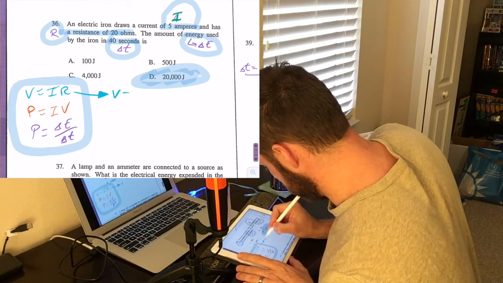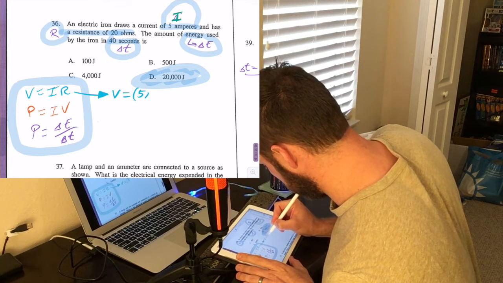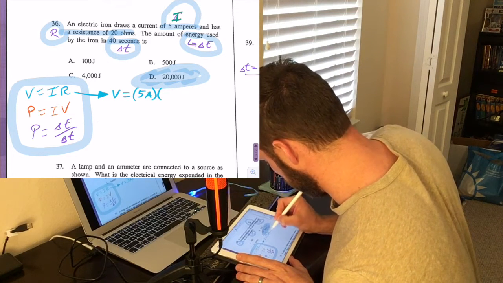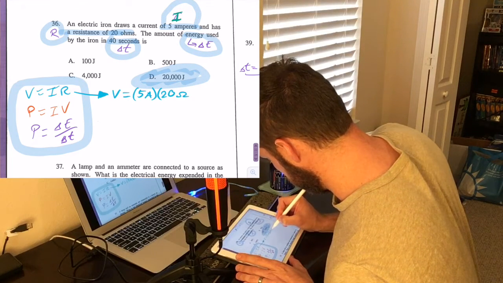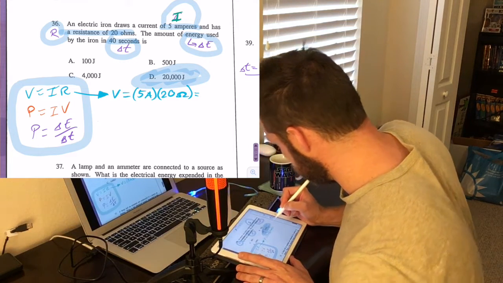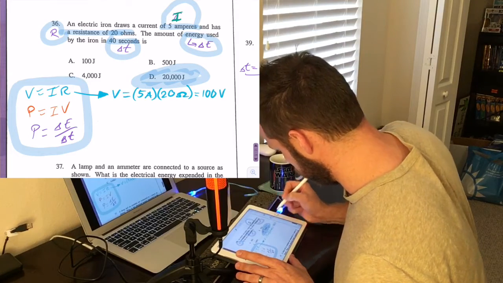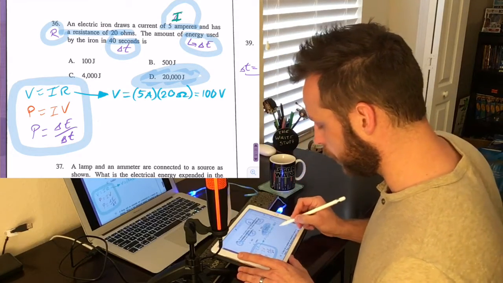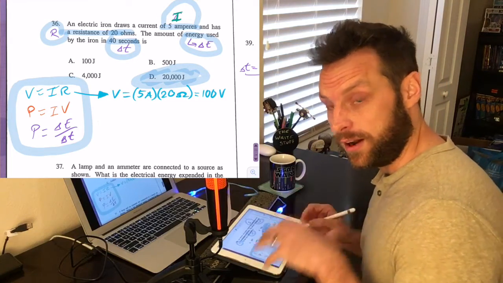V is equal to I times R, and I'll substitute in 5 amperes for I, and 20 ohms for R, and we're going to have a voltage drop of 5 times 20, which is 100 volts. Now I have the 100 volts, I can use that to find the power that the iron is using.